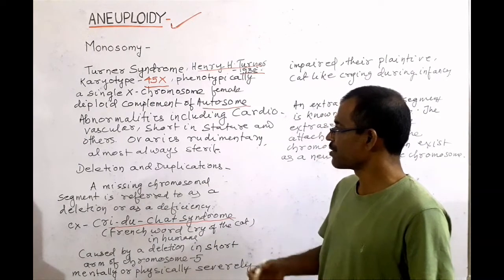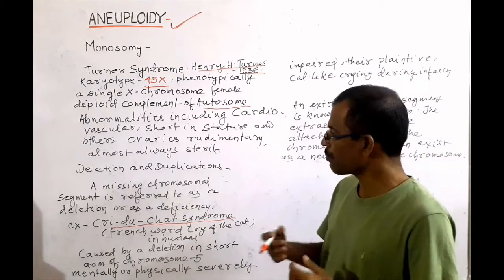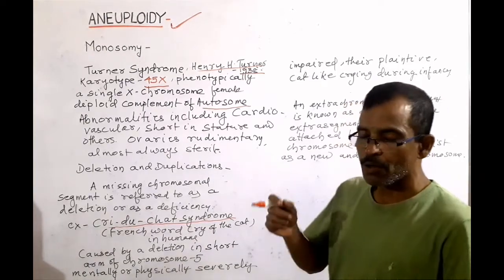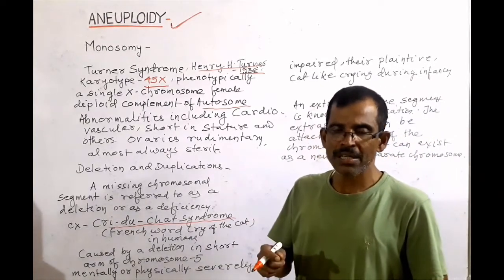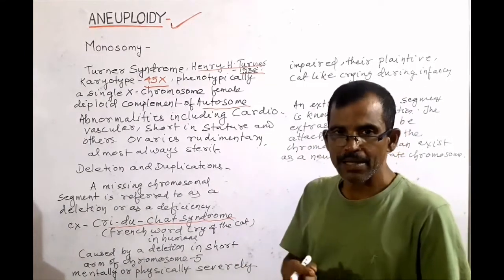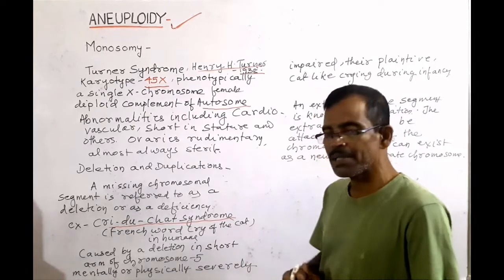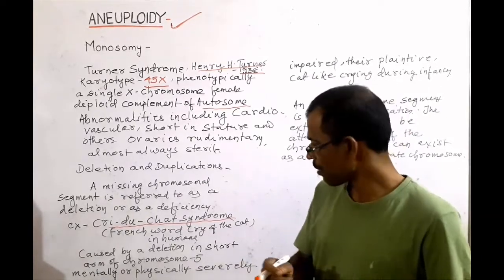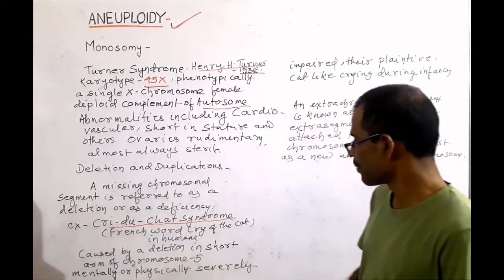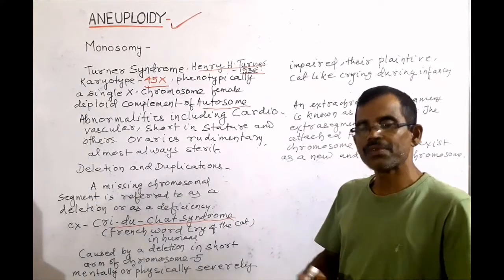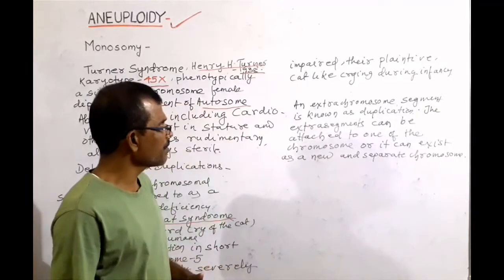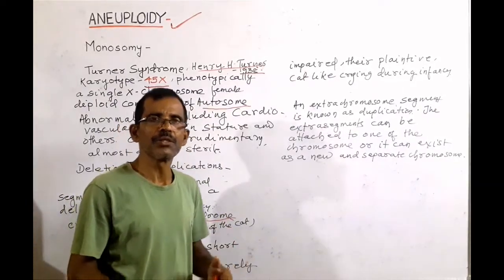Cri-du-chat syndrome is a chromosomal abnormality found in human beings in which a chromosomal segment is missing from the short arm of chromosome 5. Individuals with Cri-du-chat syndrome are mentally and physically severely impaired, and their plaintive cat-like crying gives the syndrome its name.